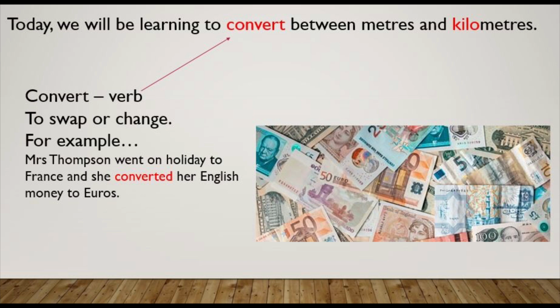So, for example, Mrs Thompson went on holiday to France and she converted her English money, her pounds, to euros. So when you go on holiday, quite often you have to swap your money, change your money for another type of money, and then you can convert it back if you don't spend it. So swapping kind of means converting or changing.